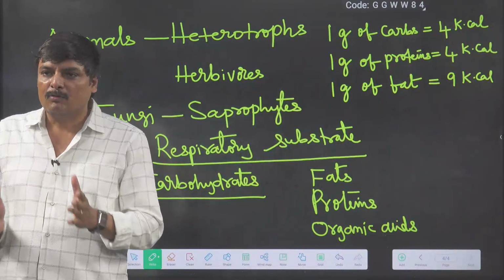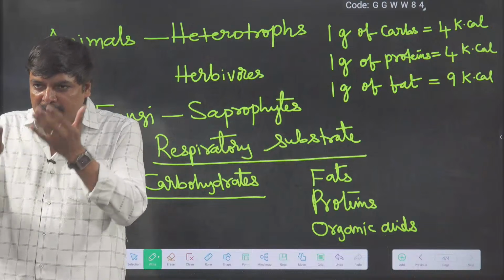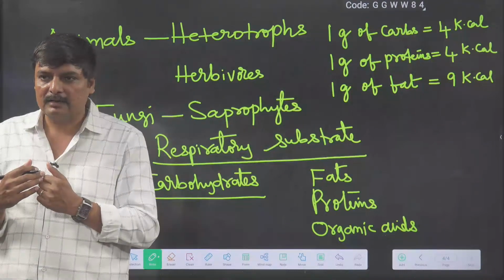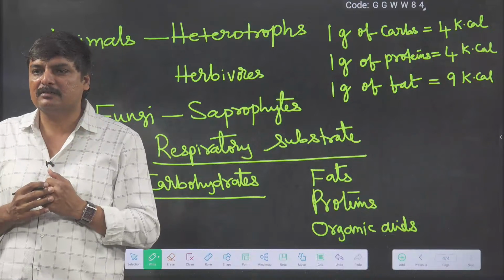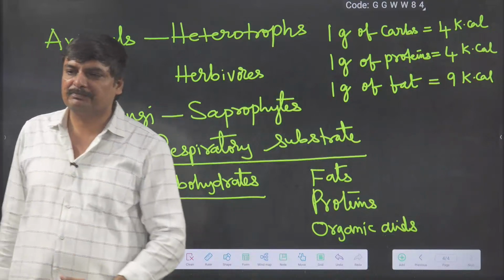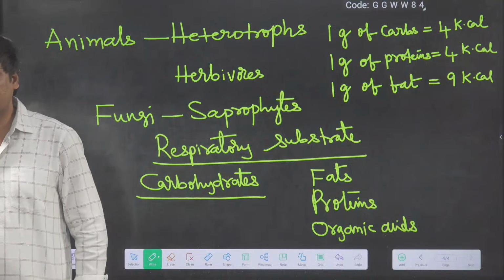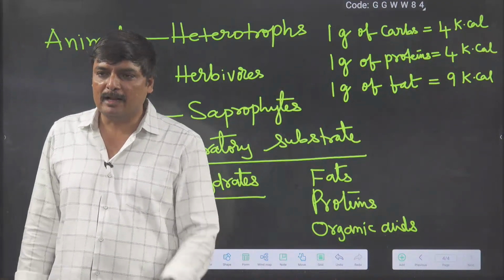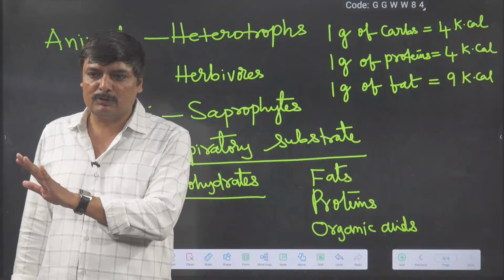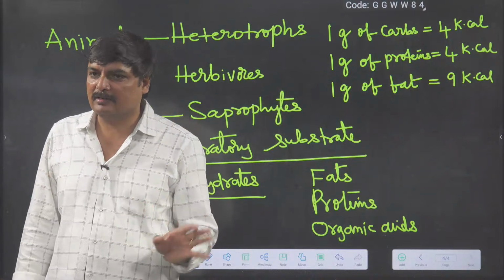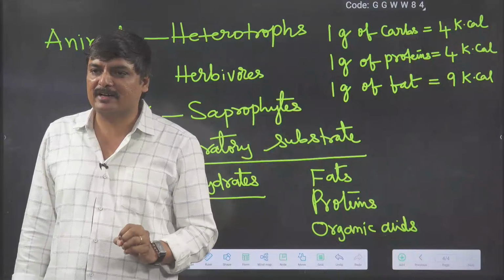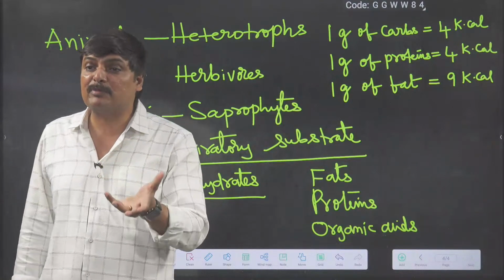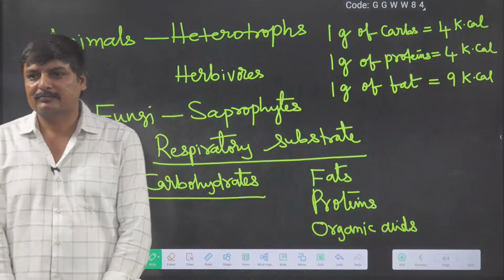These respiratory substrates in the cells undergo oxidation and release energy. Correct? Now clear: all respiratory substrates do not give the same amount of energy. Among them, carbohydrates are the common respiratory substrate, and the most favored carbohydrate is glucose. Okay?